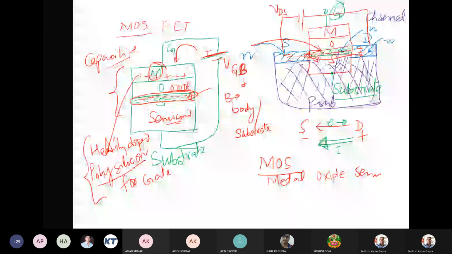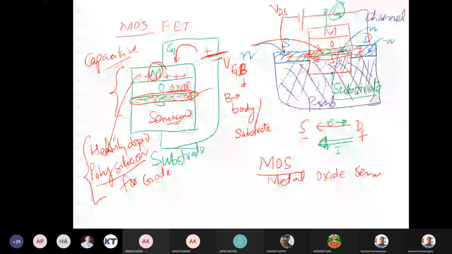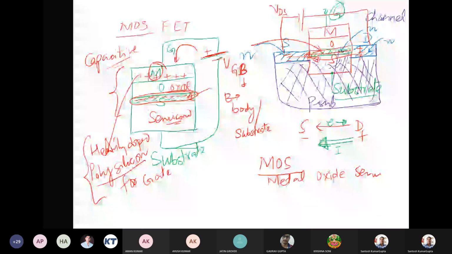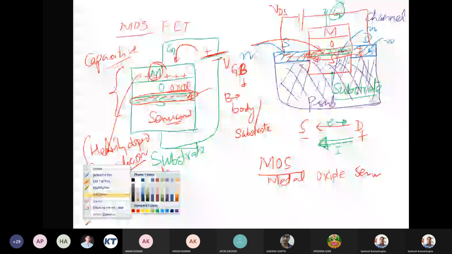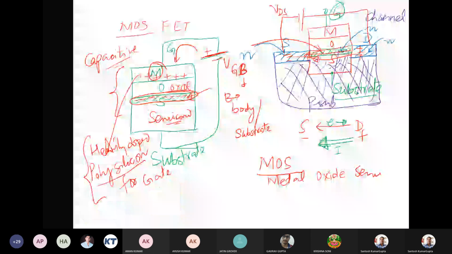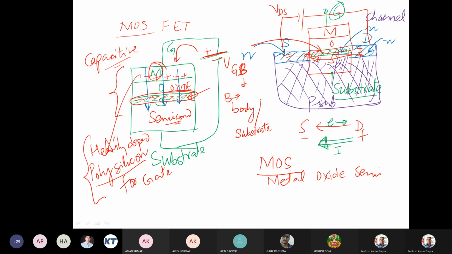We see here that electrons are there, and as we apply the gate voltage, not changing rapidly, what happens with the application of the gate voltage? This establishes a kind of electric field between gate and body because of this potential difference.